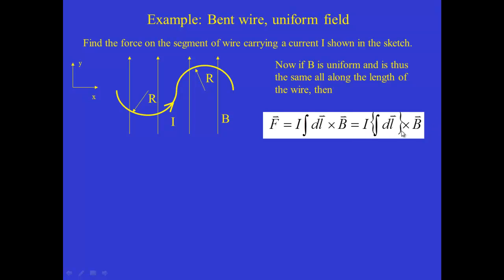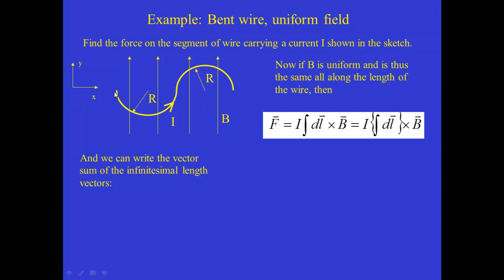And this simplification assumes and relies on the fact that B is indeed uniform and not changing along the length of the wire. So we can write this vector in the brackets very easily. It's just the sum of the infinitesimal length vectors, starting at one end of the wire and then moving over to the other end.